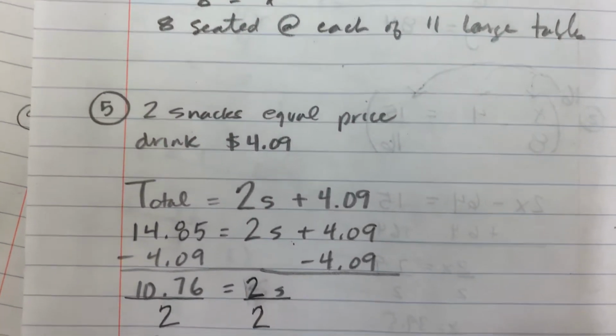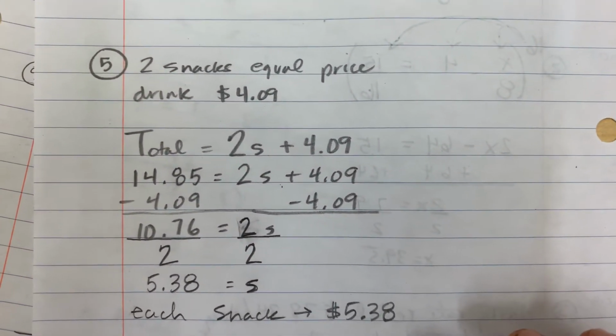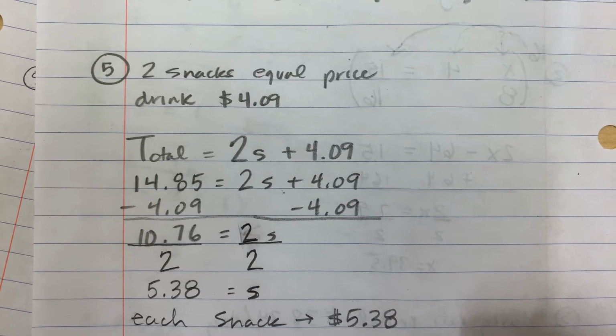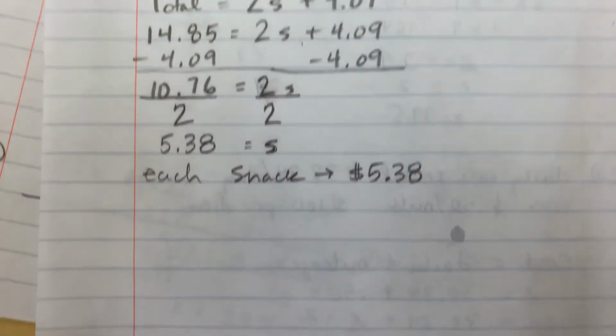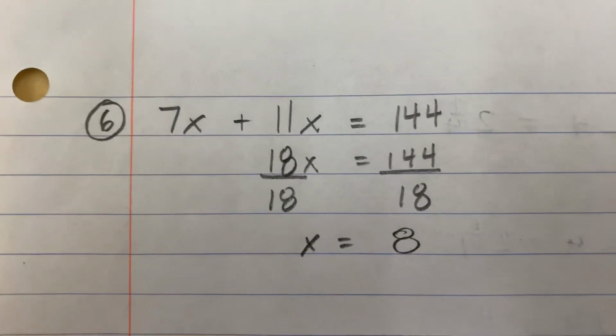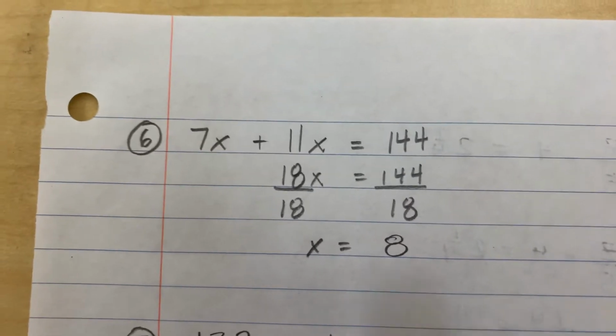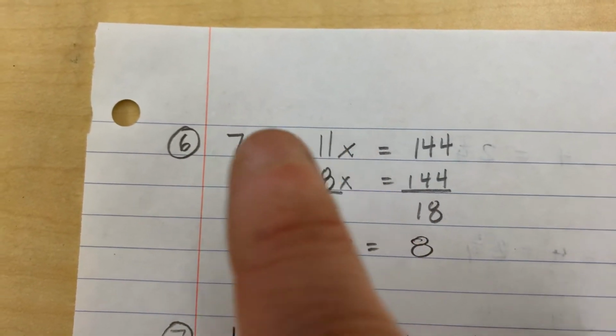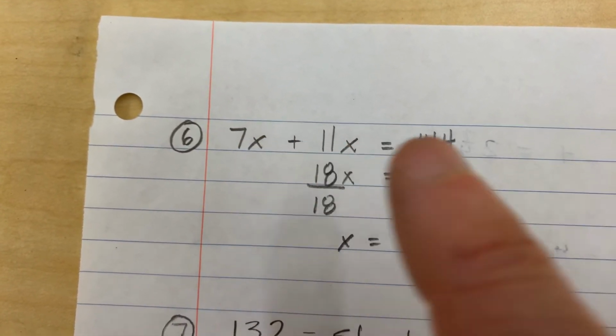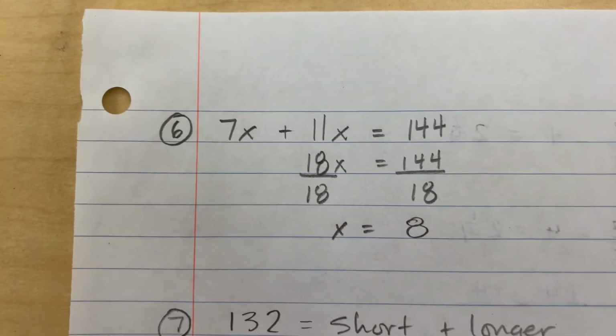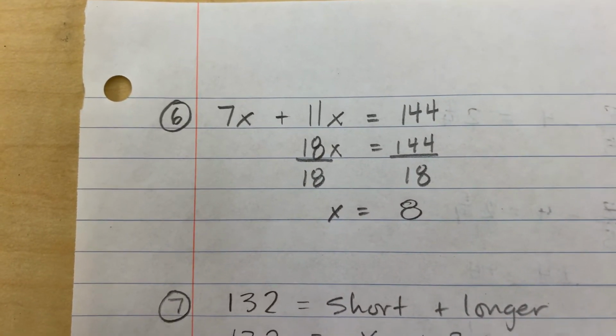Number 5 was the snack problem. Number 6, one of my favorite problems on 2-1, because you're beginning to learn that you have to simplify your expressions before you can start solving the equation.